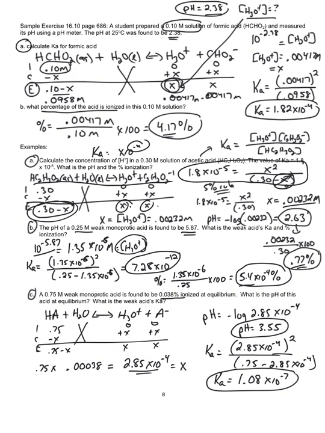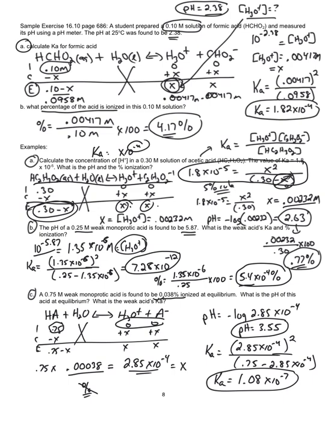Here they've told us the percent ionization is 0.038%. And now what we're trying to do is figure out the pH at equilibrium. Again, the weak acid is 0.75. The initial concentrations are 0, minus X, plus X. If I take 0.038%, and again, you have to be careful, we've got to get it out of percentage mode by moving the decimal 2 places to the left.